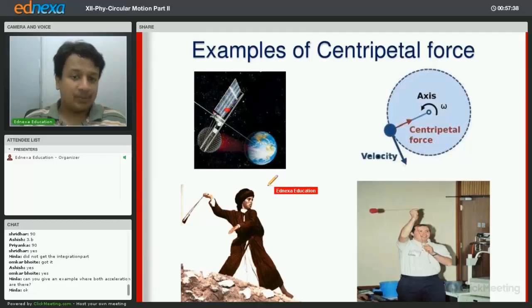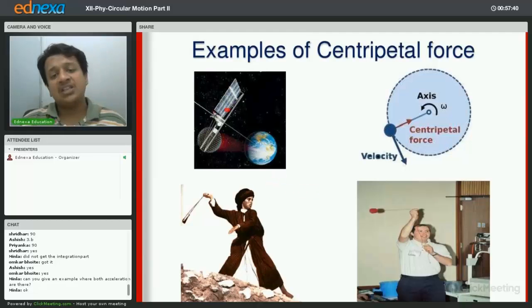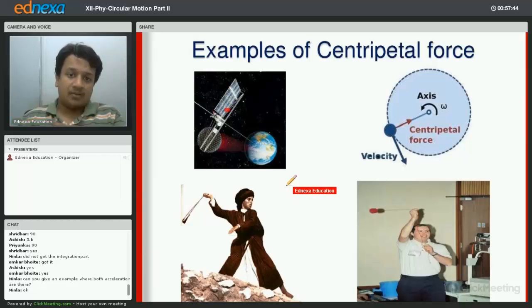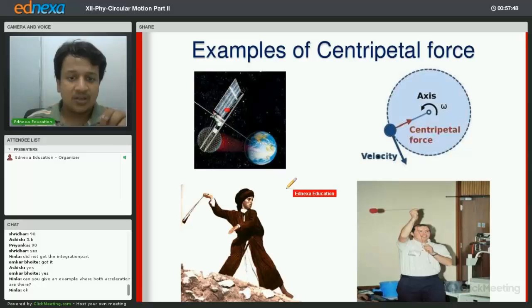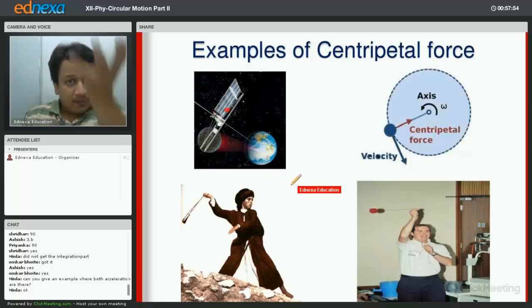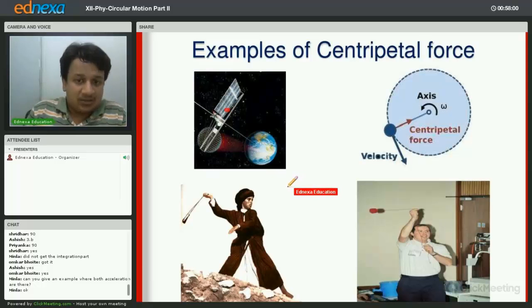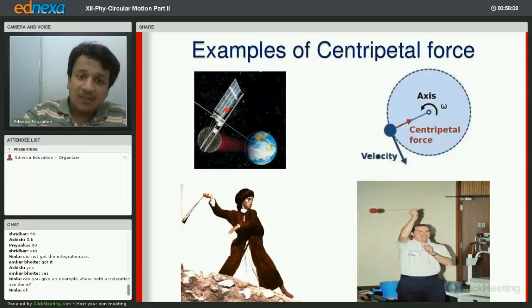When a satellite revolves around the Earth in a circular orbit, the gravitational force between the satellite and Earth will act as the centripetal force. Gravitational force will attract that satellite towards the center of the Earth.